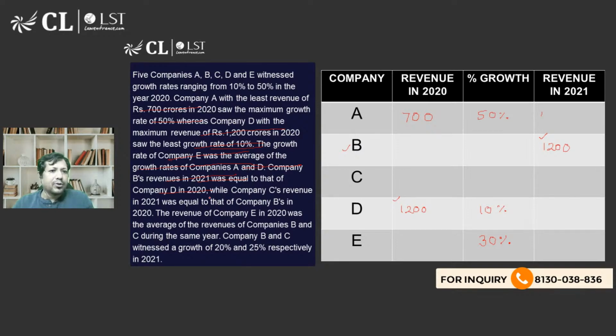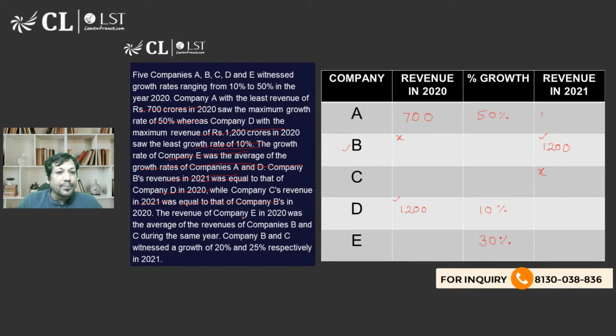Now, company C's revenue in 2020 was equal to that of company B's revenue in 2020. So let's say this value is X. So this value is also going to be X. That's what the question is saying. The revenue of company E in 2020 is equal to the average of revenues of company B and C during the same year.